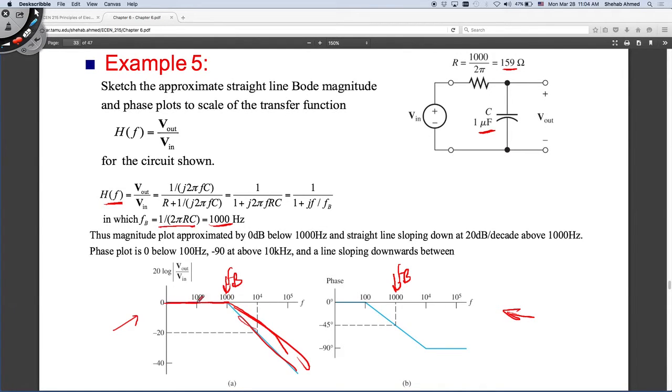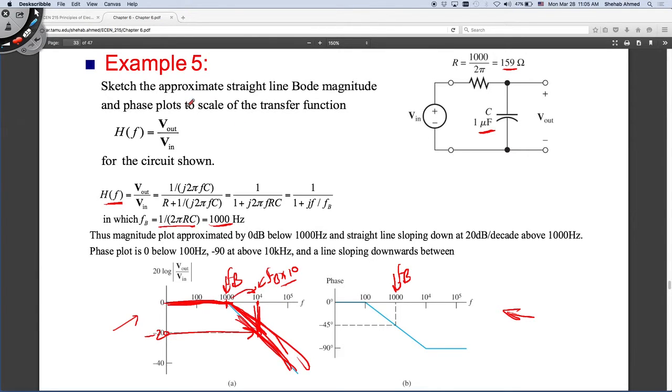Until fb, the asymptote is flat, so everything will go through. Beyond fb, it's 20 dB per decade. So the next decade after fb, this is fb times 10, one decade later, we go down and the slope is 20 dB per decade, so this is minus 20 dB.